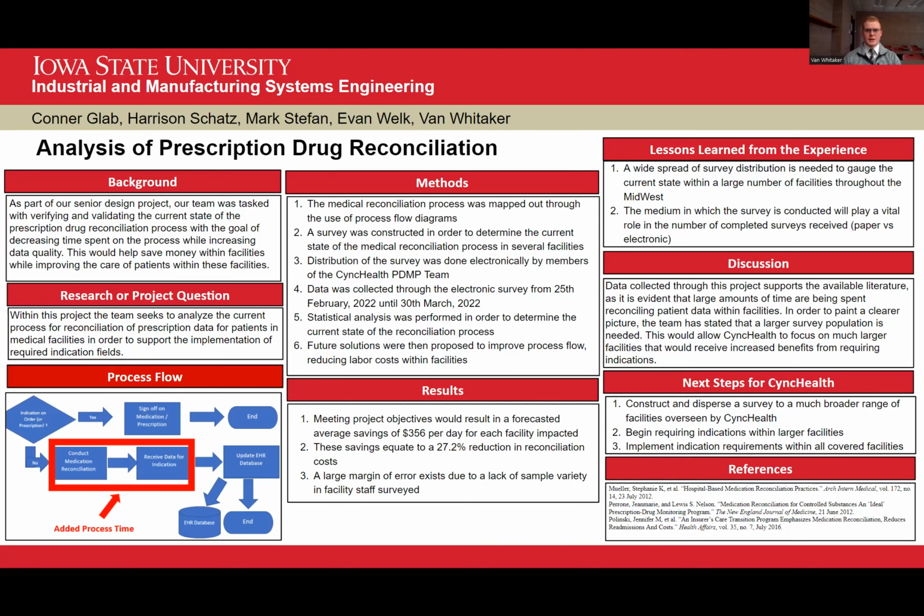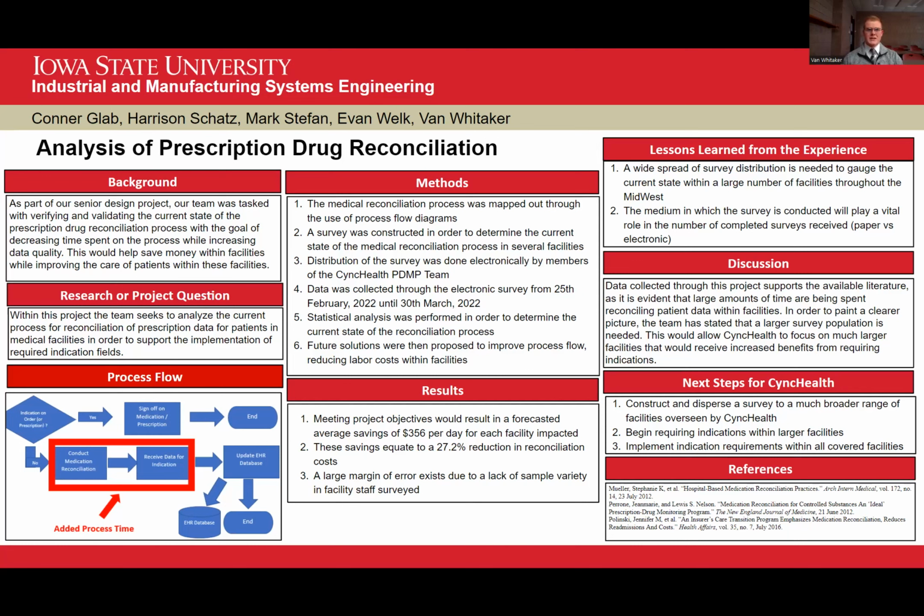In order to paint a clearer picture, the team realized that we do need a much larger survey population, as we had said before, in order to find significance. It would also be worthwhile going forward that CyncHealth would send surveys out to much larger facilities.